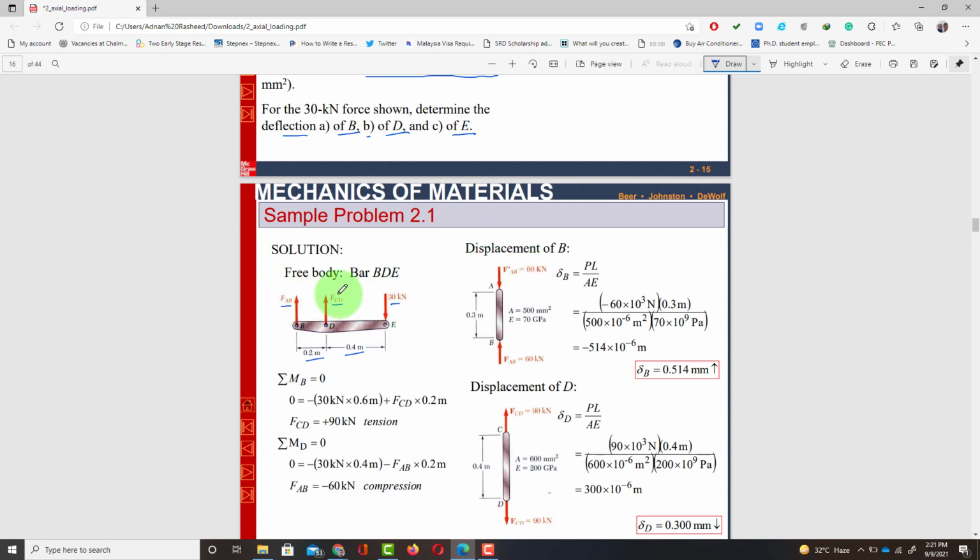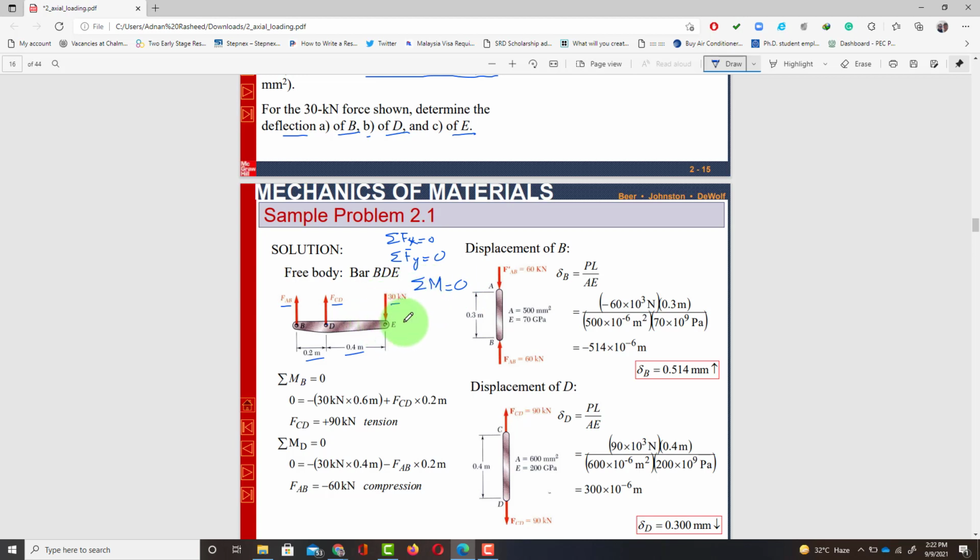Now, how can we find the unknown forces? We know the equilibrium conditions: the sum of all forces along the x direction is equal to 0, or the sum of all forces along the y direction is equal to 0, or we can use the sum of all moments at any chosen point taken as 0.